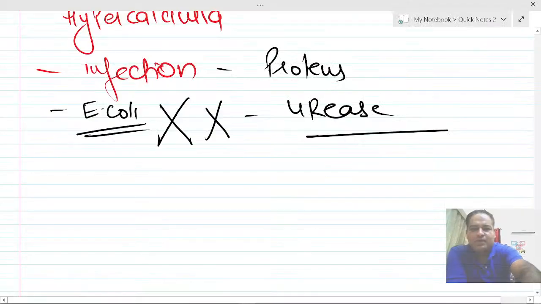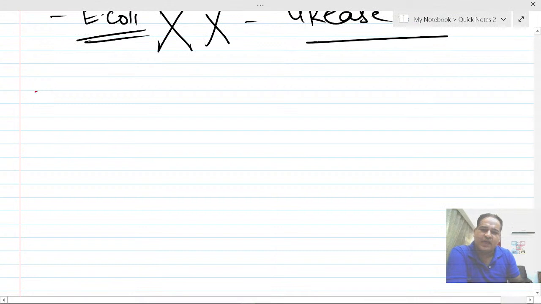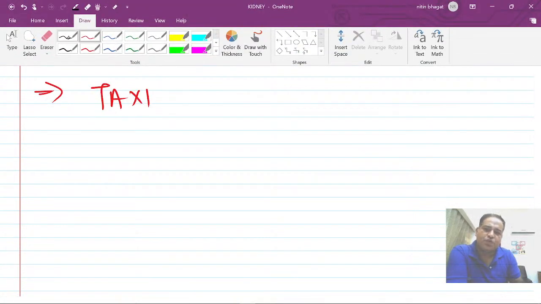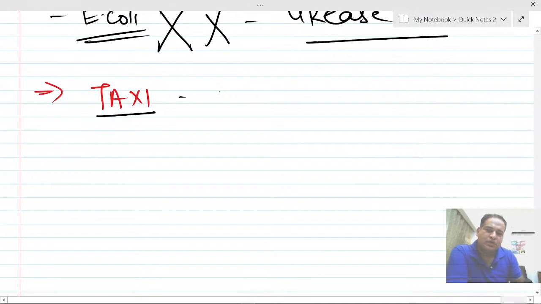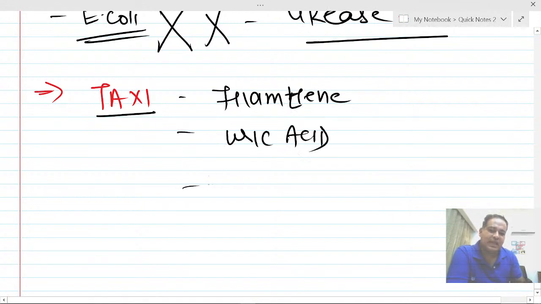Now, every time they keep on asking what are the different types of stones which are radiolucent, and the different types of stones which are radio opaque. So TAXI is the mnemonic for radiolucent stones. Triamterene stones. Fine. A for acid, uric acid, xanthine.